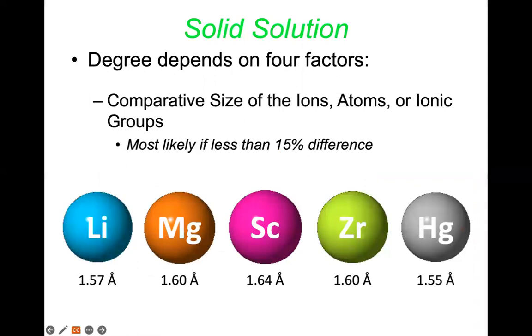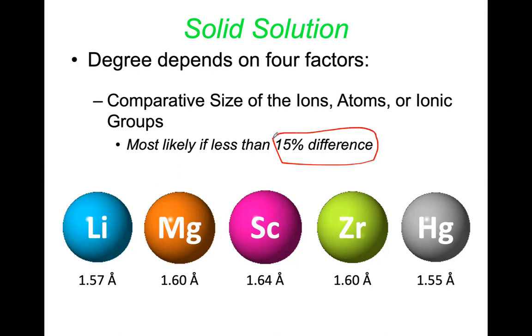Okay, so if you can remember, most of the solid solutions are highly favorable if the replacing atoms or ions are in equal size, right? Equal size in the sense like 15% difference is allowed, right?